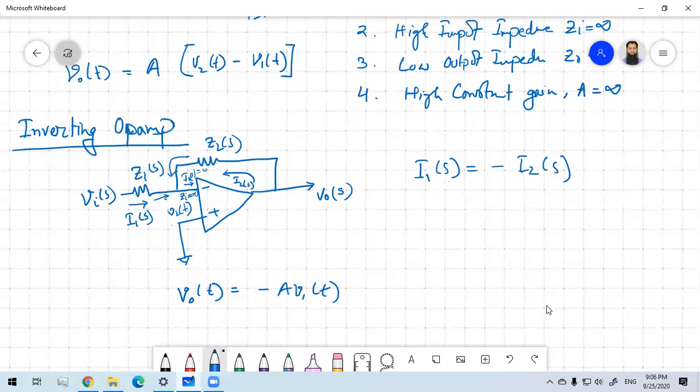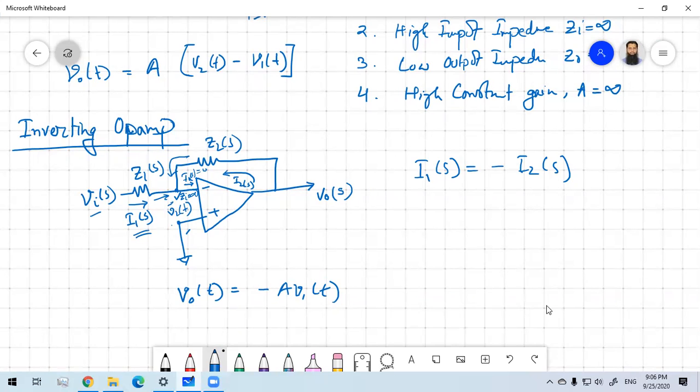Okay, so in that case also there is something called virtually shorted. So this node and this node are also known as virtually shorted. If this is grounded, this can also be assumed grounded. So the current I1 can be figured out from the voltage source going to the ground.